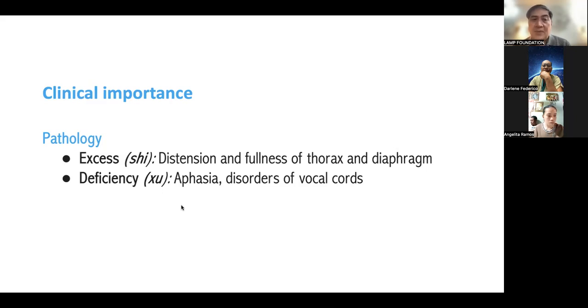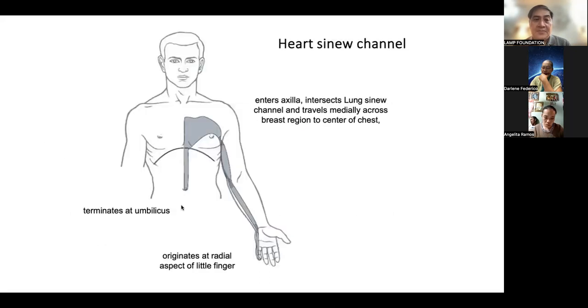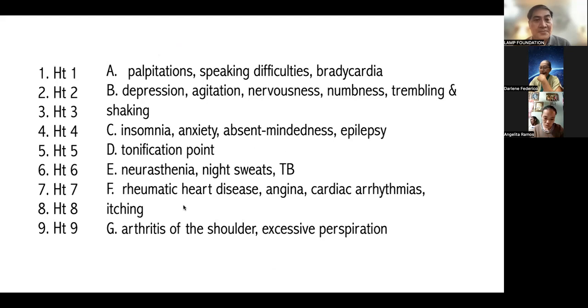Yan ang aphasia. So that's very difficult. And also when you have disorder of the vocal cords, which actually is the reason why we can talk. So pag mahina po yun, yung deficient siya, hindi ka talaga makapagsalita. So that's very low. So the best point would be heart 5. Okay? Okay, so you have one mistake.